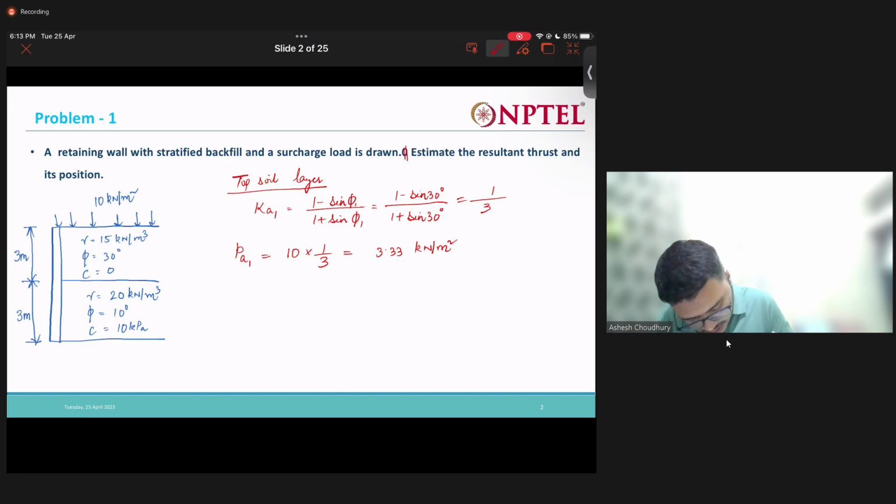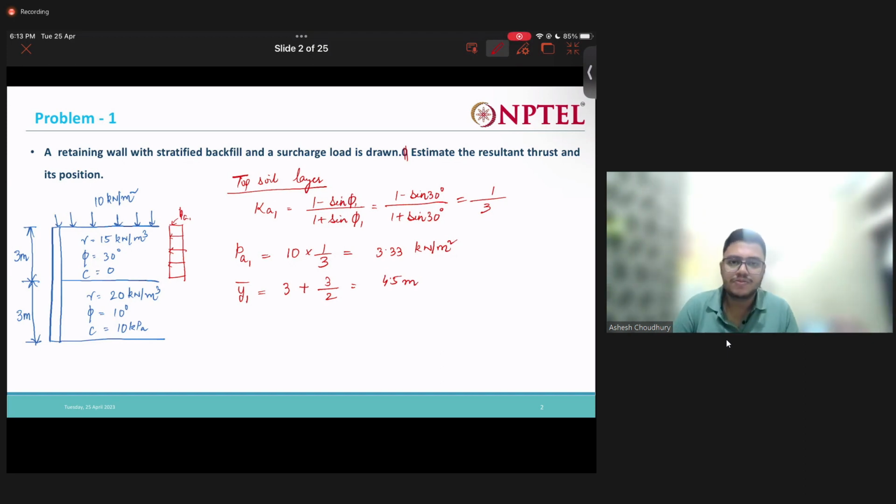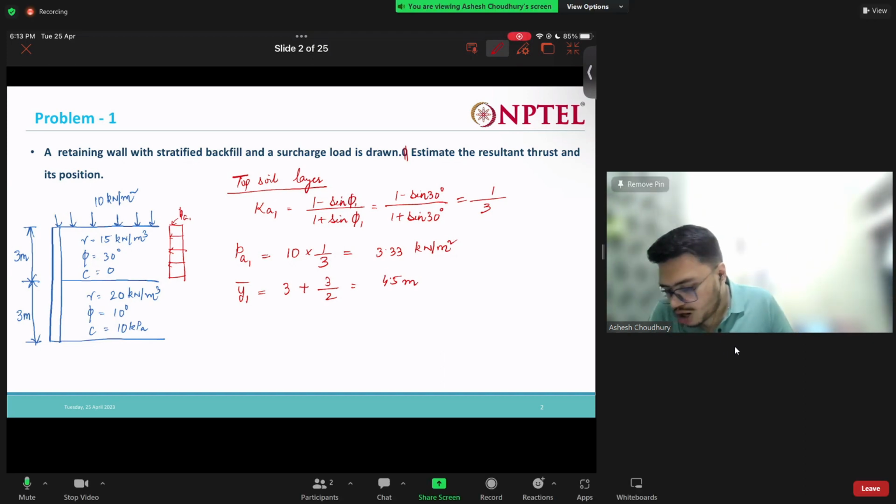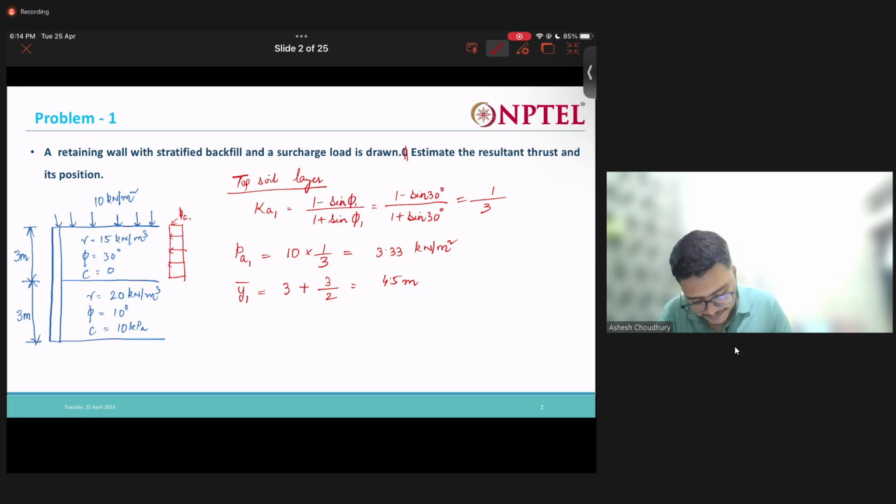So this is Pa1, correct? From the bottom, y1 bar is nothing but 3 plus 3 by 2, equal to 4.5 meters. So we got this for the top soil layer.